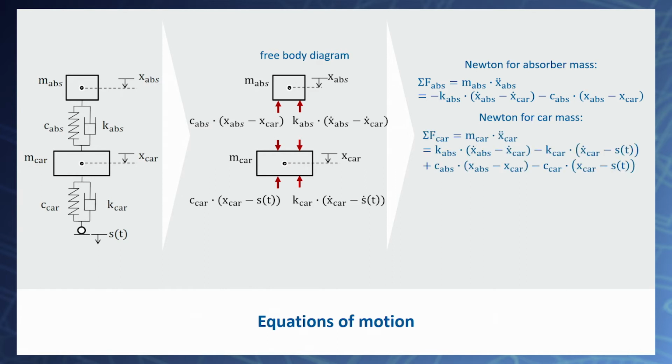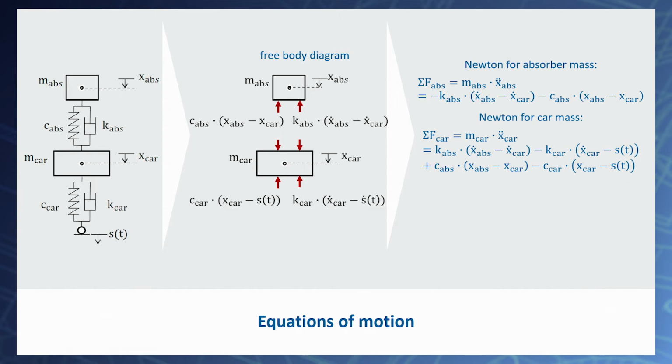Now, when we formulate Newton for the car mass, then again the sum of all forces is equal to mass times acceleration. And what we can see, first of all, is that we have the damping force from the absorber damper, and we also have the spring force from the absorber spring. But obviously, since now these forces are counteracting the forces that we previously saw acting onto the absorber mass, both are now connected with a plus sign instead of a negative sign.